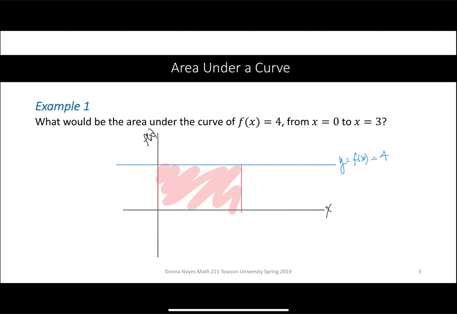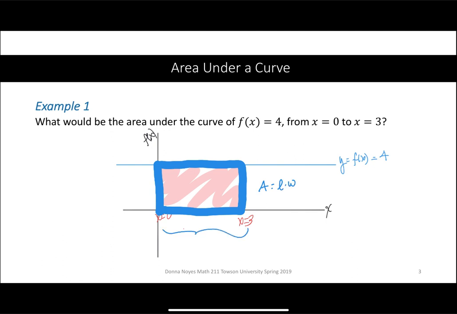That's from x equals 0 to x equals 3. So what we have to remember is this is a rectangle. And usually when we're trying to find the area of a rectangle, we're looking at this area. And a rectangle has an area that is equal to length times width.